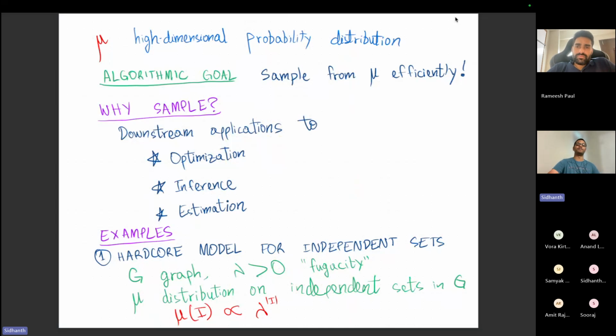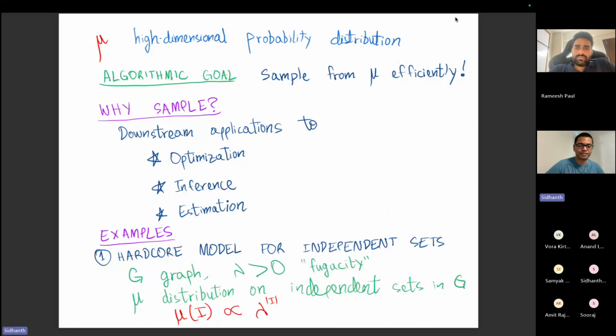Now you should think of the distribution mu as being associated to independent sets on the graph G. For an independent set I, you sample it with probability proportional to lambda to the power I. To get a sense of what lambda is doing, if lambda is equal to 1, then you're weighing every independent set the same amount. So this gives you the uniform distribution on all of the independent sets.